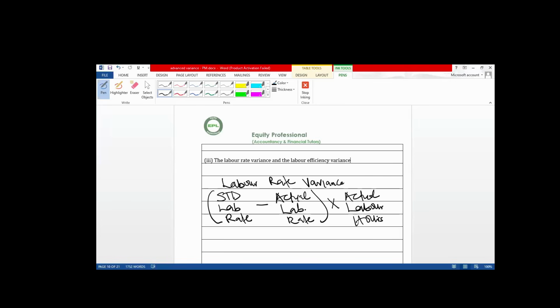When we are talking of rates, labor rate is coming from that labor salary. They are paying you per hour. So they can say employee rate per hour. If the examiner says employee rate per hour, it is still saying labor rate per hour.